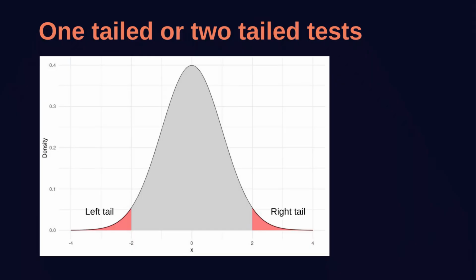If we are testing for any difference from the hypothesized value, we look for extreme values in both tails and do a two-tailed test. If the alternative hypothesis says something like less or fewer, we perform a left-tailed test. If it says greater or exceeds, we use a right-tailed test. For our hypothesis test, we'll use a right-tailed test because we're looking for extreme values in the right tail.